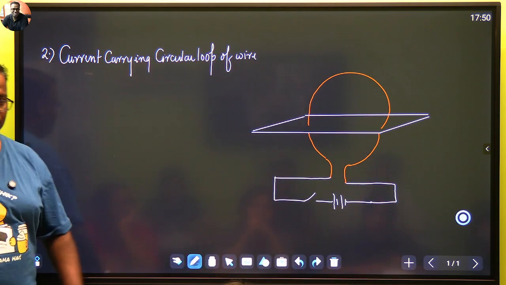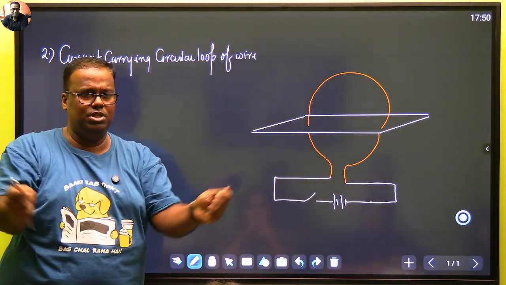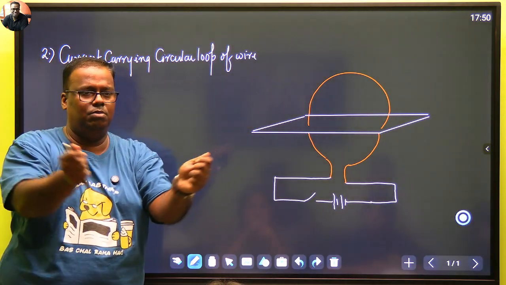Have you understood? It's a circular loop of wire, which means it's a circle. The wire has been bent and made into a circle.